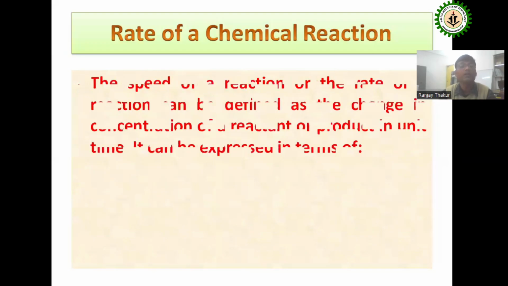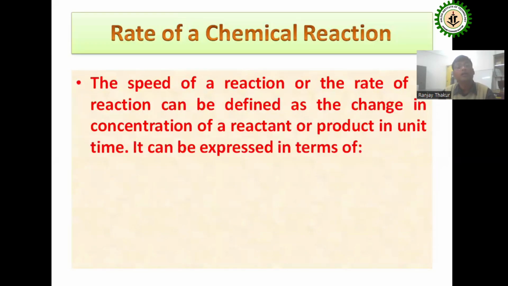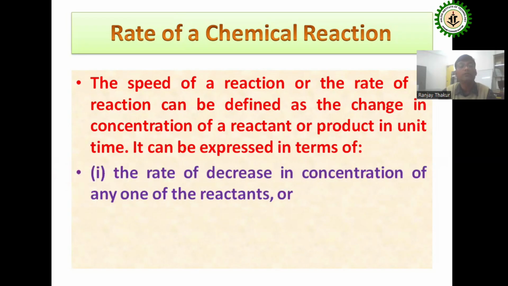Now, rate of chemical reaction. The rate of chemical reaction is the speed of reaction, defined as the change in concentration of reactant or product in unit time. It can be expressed in terms of the rate of decrease in concentration of any one of the reactants.